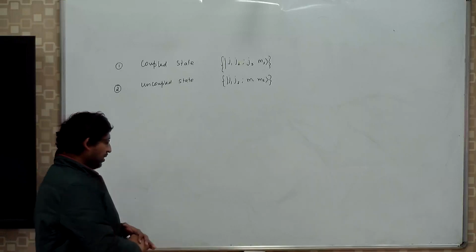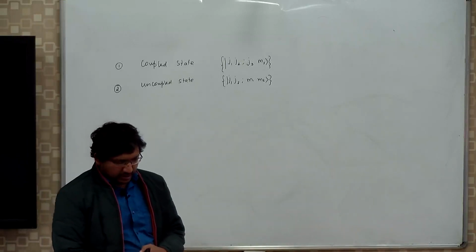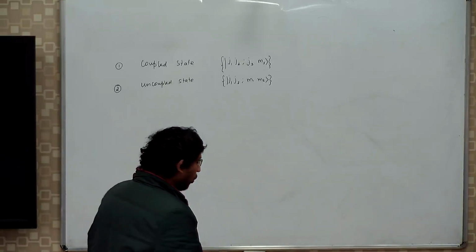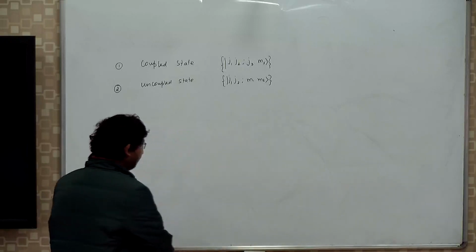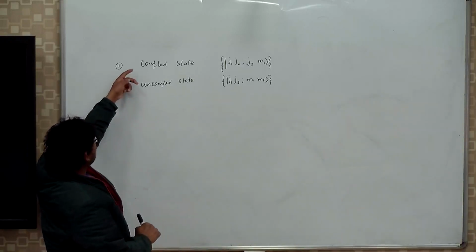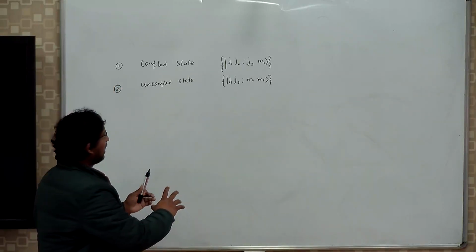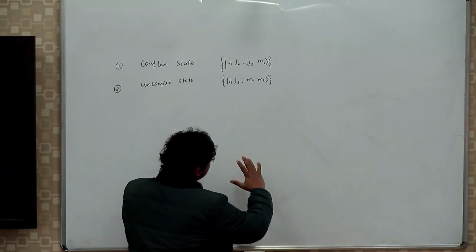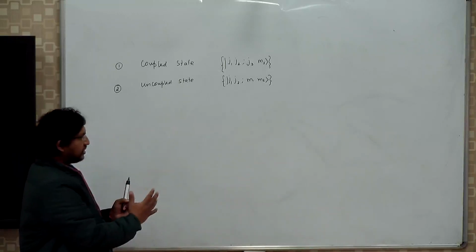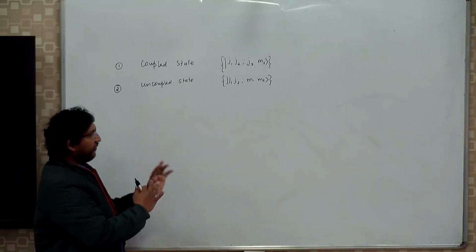Fine. Today we are going to discuss how to correlate or connect these two, the coupled and uncoupled states. So, how to convert the uncoupled state of the addition of angular momentum into the coupled state, and vice versa.